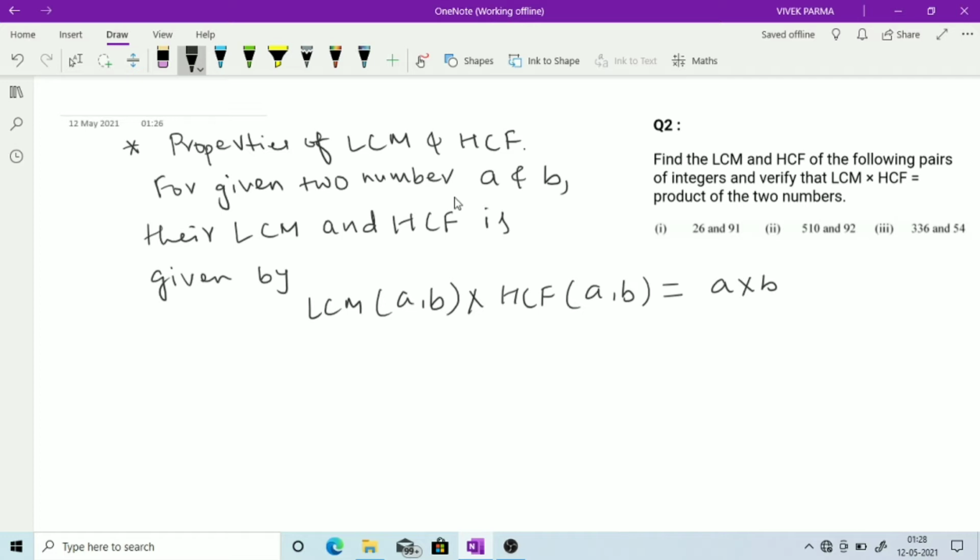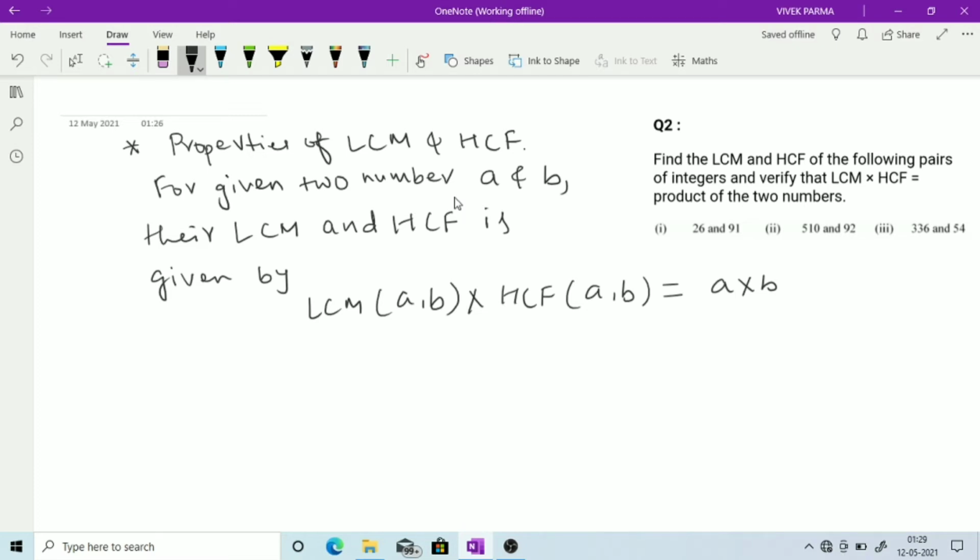So for given two numbers A and B, LCM of A and B into HCF of A and B equals the product of the numbers.